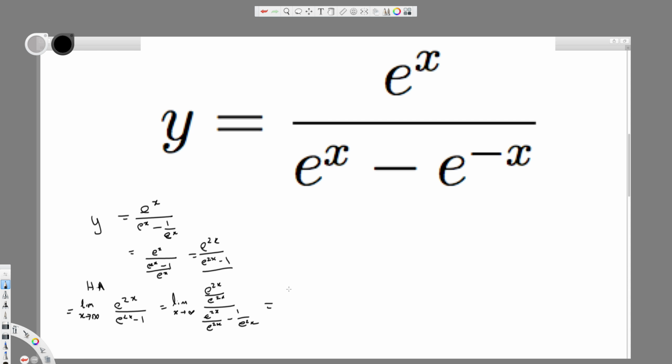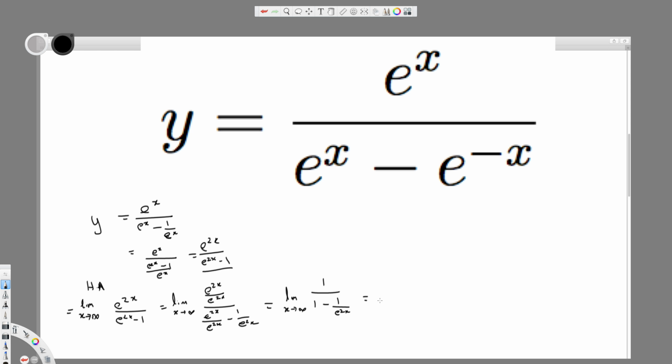If I divide everything, the final thing I will get is 1 over 1 minus 1 over e^2x.